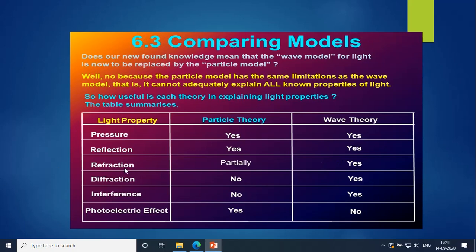That means if you treat light as a wave or as a particle, in both cases you can explain reflection and refraction. There will be no problem. But if you treat light as a particle, you can't explain the diffraction and interference phenomena. Diffraction and interference can be explained satisfactorily only when you treat light as a wave.